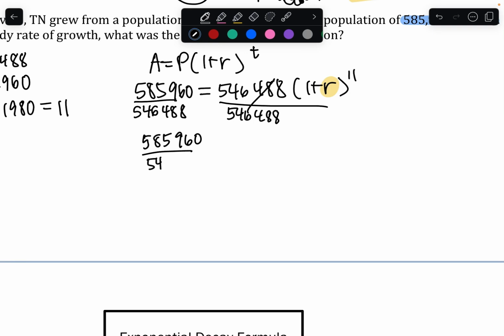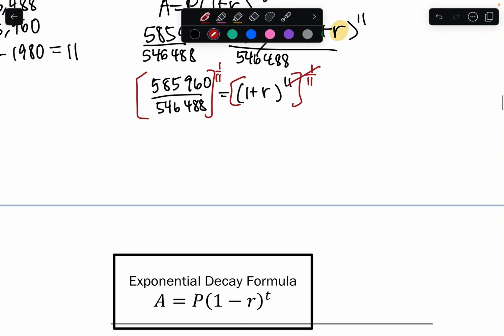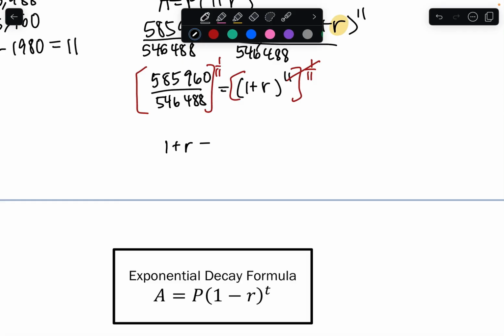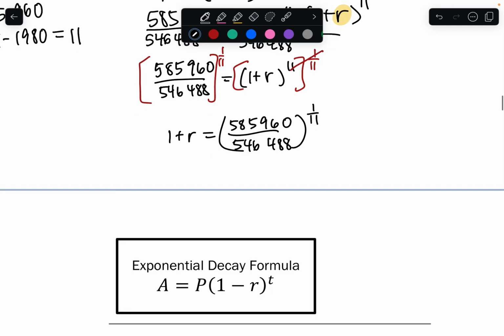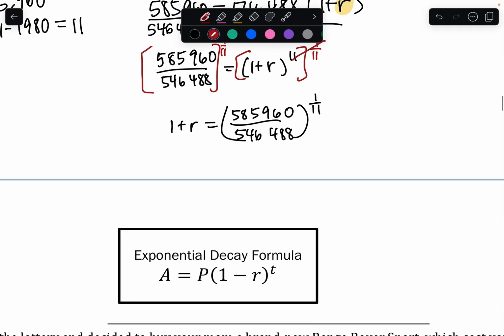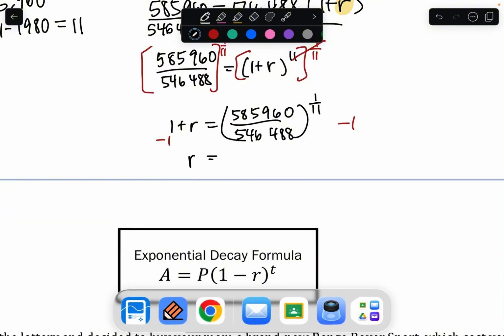I don't like rounding errors, so I only go to the calculator one time. Otherwise, you're gonna be just writing a bunch of decimals, which isn't helpful. And then we are going to raise both sides to the 1/11th power to get rid of that 11. And so we have 1 plus r equals that huge fraction. Raise to the 1/11th, and then we are going to subtract 1 from both sides. And then we can type that in our calculator.